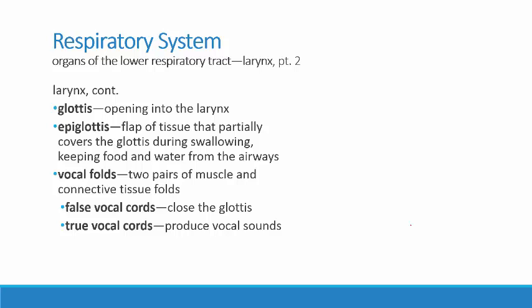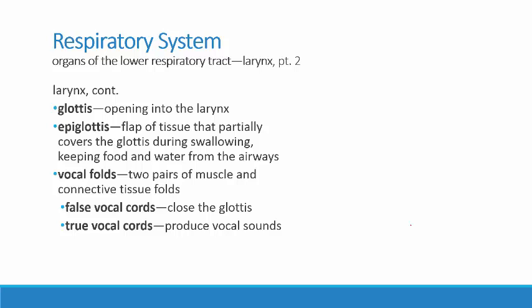The first set of vocal folds, these are the ones that actually are the entrance into the glottis, are called the false vocal cords, and so they open and close to seal off the glottis. The true vocal cords are inferior to these false vocal cords, and they're the ones that, as they vibrate, make the sounds that we associate with the voice.